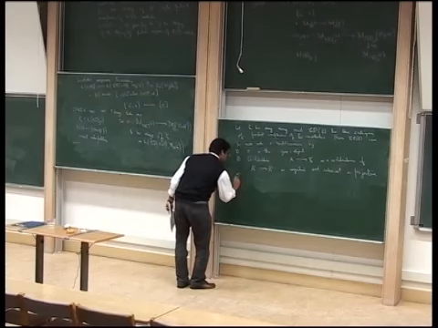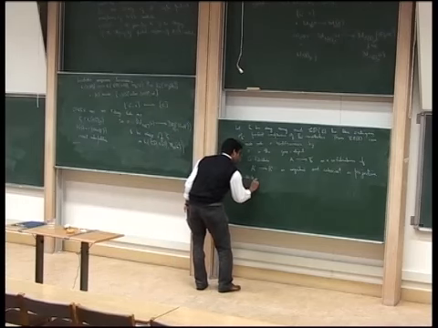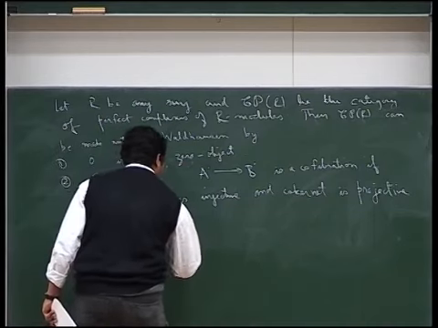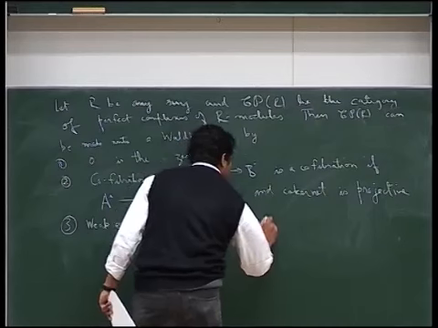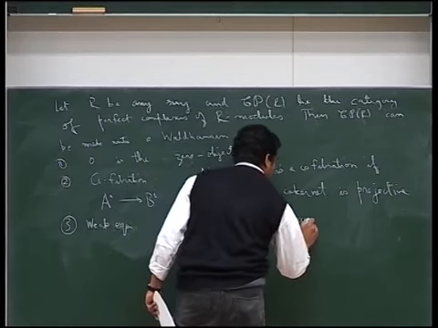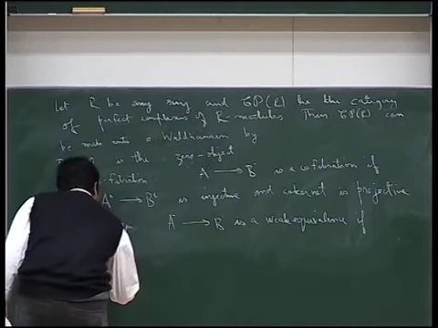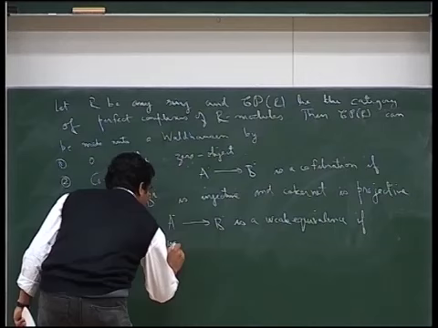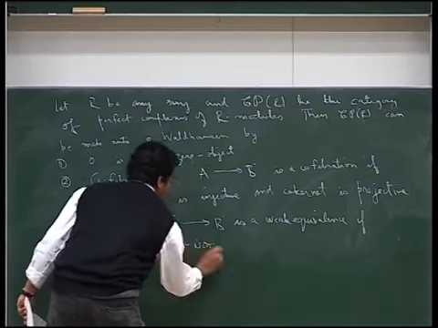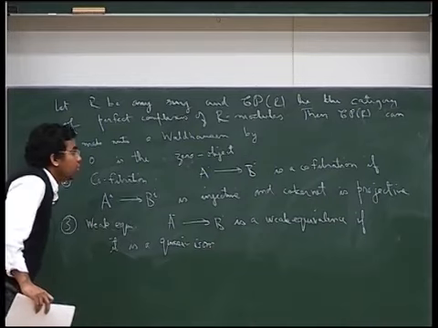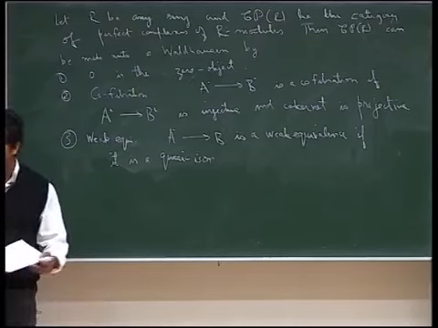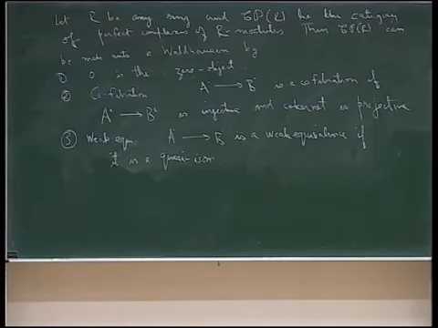And then the third thing is we need weak equivalences. So A to B is a weak equivalence if it is a quasi-isomorphism, meaning that it induces isomorphism on cohomologies. A perfect complex means a bounded complex of finitely generated projective modules, so all the terms are projective.